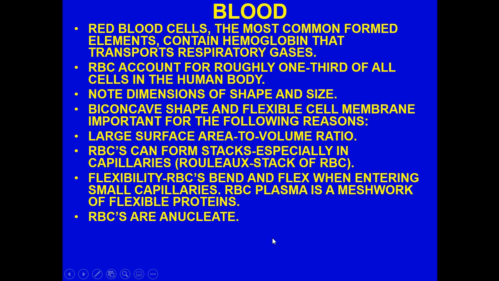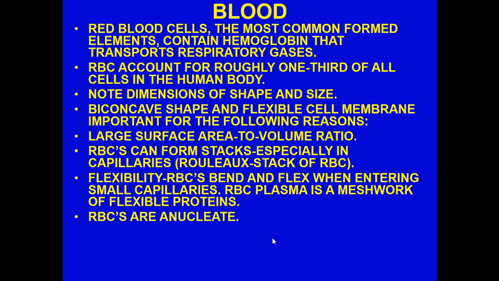Now, red blood cells are the most common formed element and contain hemoglobin that transports respiratory gases, oxygen and carbon dioxide. RBCs account for roughly 1/3 of all cells in the human body. You want to note the dimensions and the shape and size. They are biconcave in shape, with a flexible cell membrane, important for the following reasons.